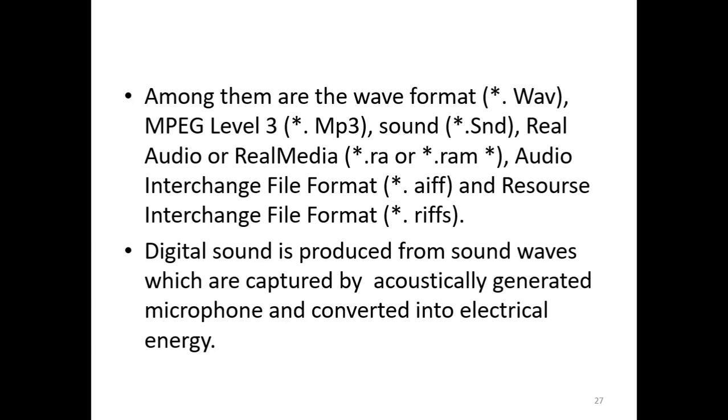And we have the wave formats, MPEG layers, audio and real media, audio interchange file formats, resource interchange file formats, and then how digital sound is produced from sound waves, and how it is captured acoustically, generated through the microphone and converted into electrical energy.